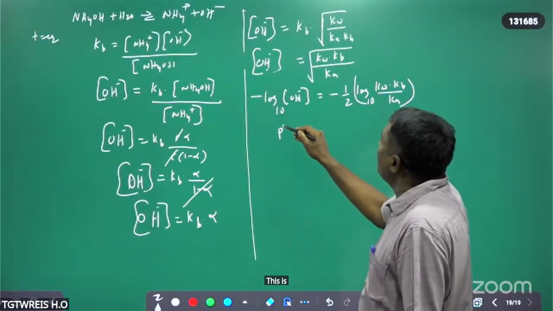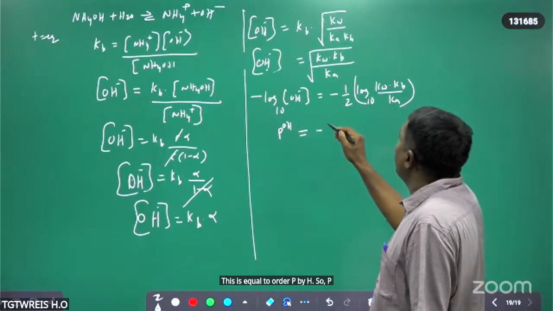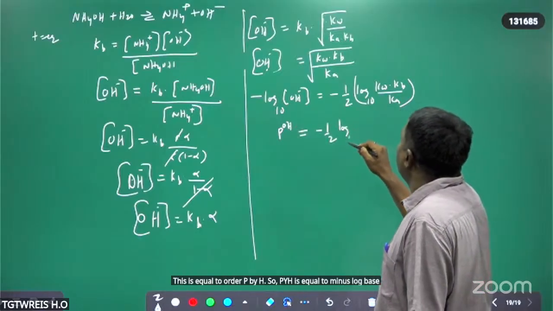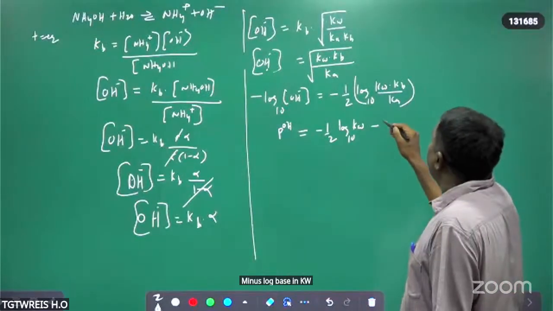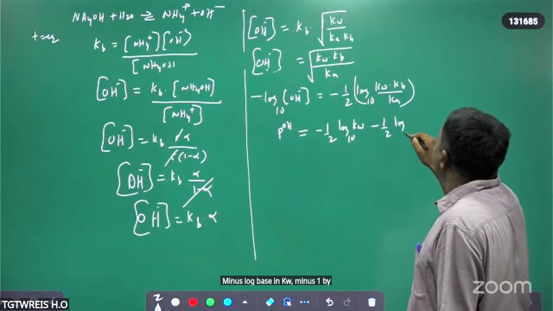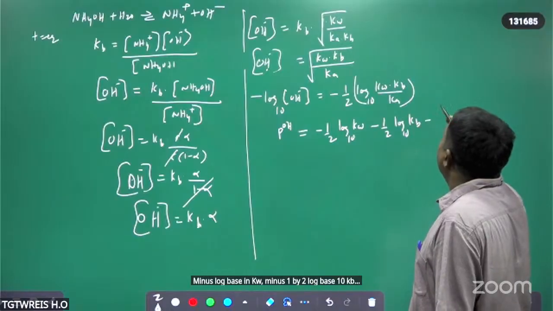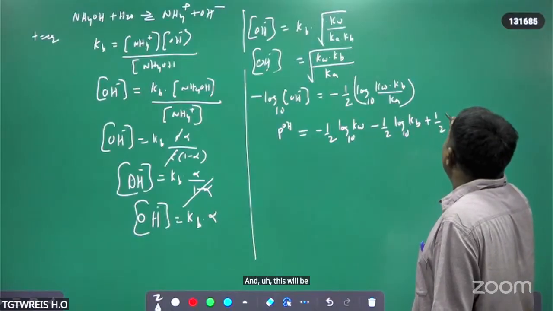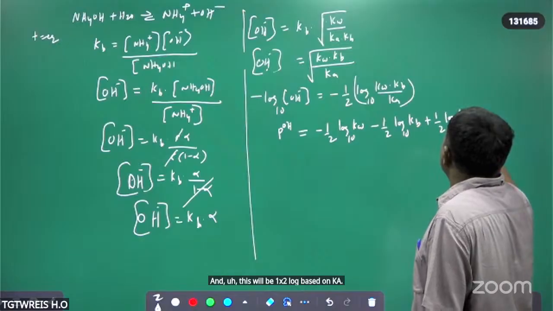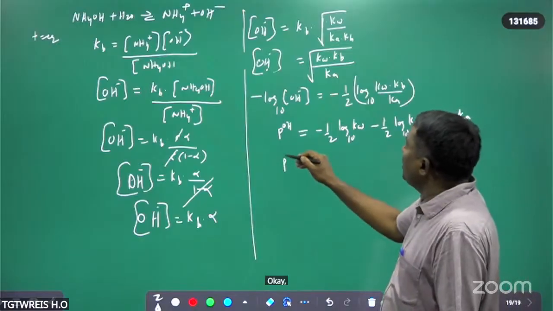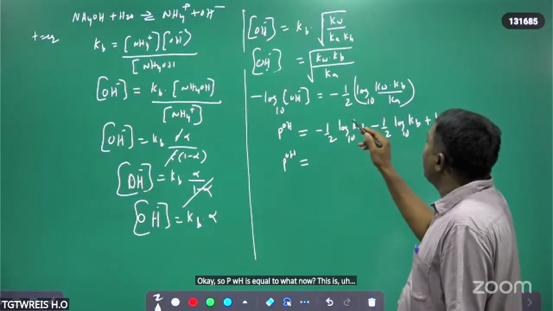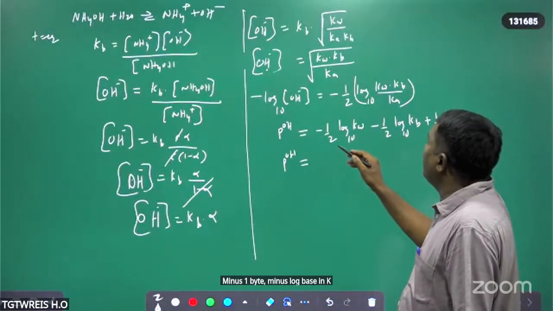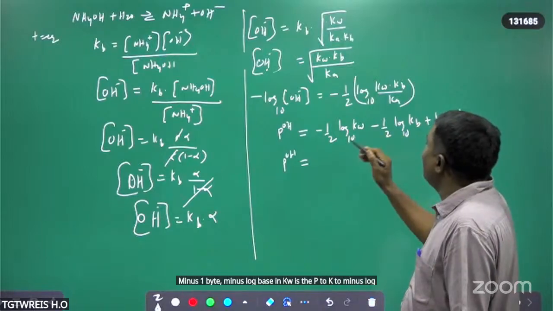This is equal to what now? pOH. So pOH is equal to minus 1 by 2 log base 10 Kw minus 1 by 2 log base 10 Kb, and this will be plus 1 by 2 log base 10 Ka. So pOH is equal to what now? Minus log base 10 Kw is the pKw.